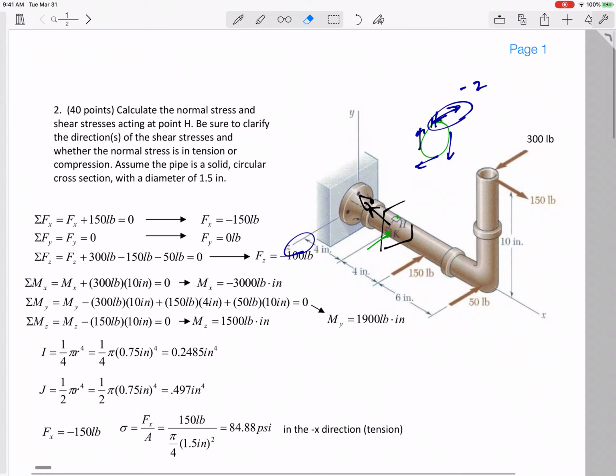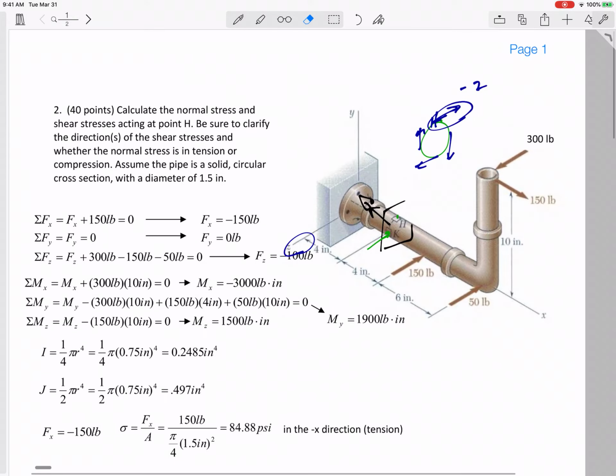A positive moment about Y would cause compression over here, tension over here, but right here at point H that I'm looking at, nothing, because it's on the neutral axis. There's no bending stress at point H. There would be at K, it would be compression at K, but not at H.